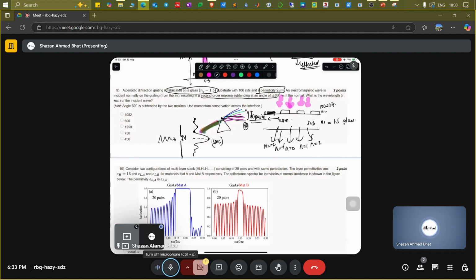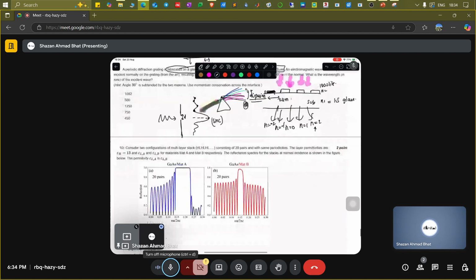Okay. So he's talking about the resulting second order maxima subtends an angle. Second order maxima means n equals 2. Subtends an angle of 30 degrees with respect to the normal. Okay, so that is basically making an angle of 30 degrees with respect to the normal.